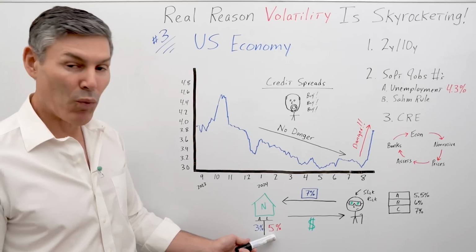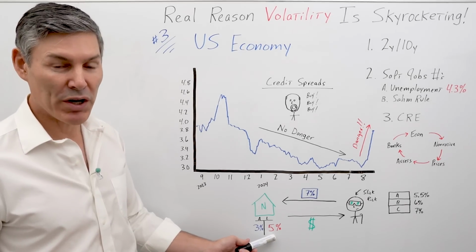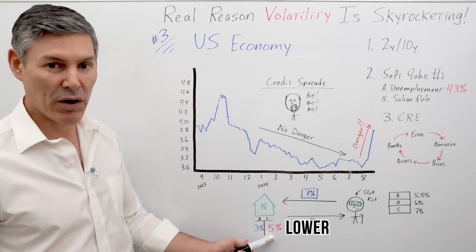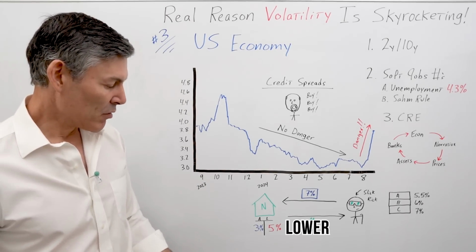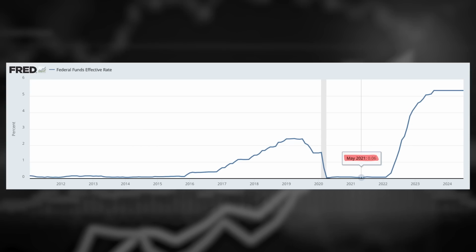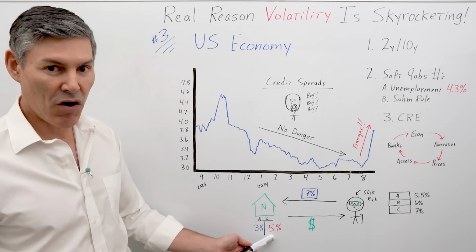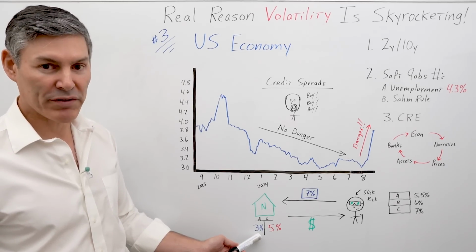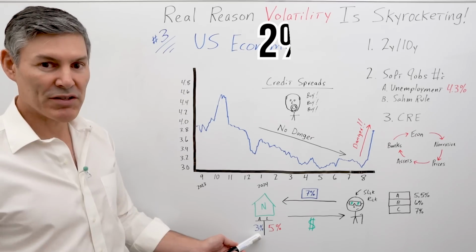And they were borrowing them way back in 2021, 2022, let's say, when interest rates were a heck of a lot lower. Let's say they were borrowing at the end of 2020, end of 2021, when interest rates were zero. So they were borrowing at, let's say, 1%. And they were taking all of those dollars and they were buying treasuries, receiving 3%. Well, that works. You're getting a 2% spread.